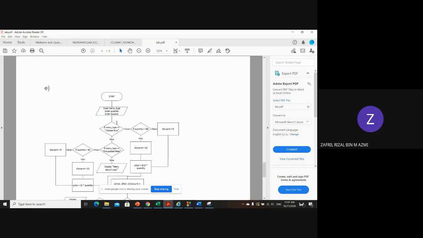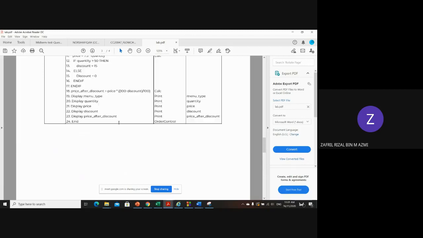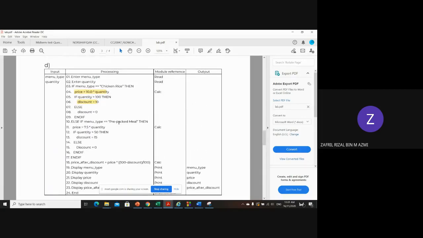Because supposedly, if you're referring to your algorithm, after the condition over here, there should be a calculation first before you do another decision. See? There is a calculation first, then there is a condition.